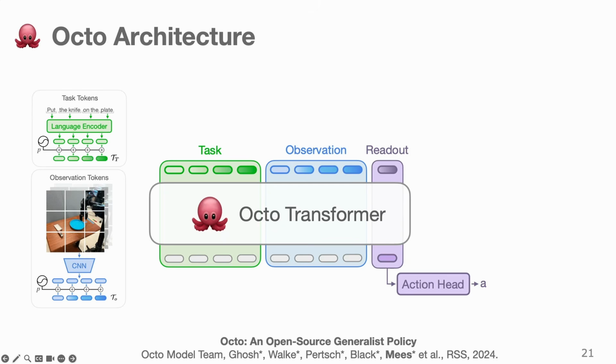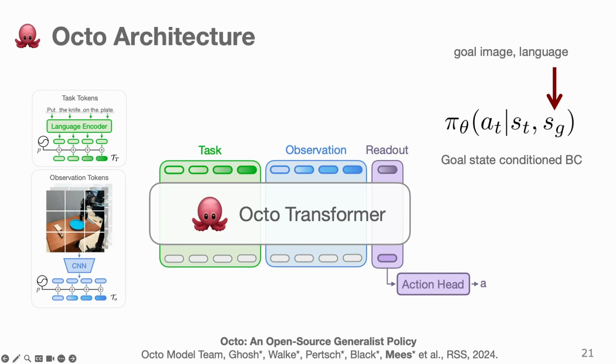One thing to note is that we train this model with goal-conditioned behavior cloning. This means that it predicts a sequence of actions to reach a goal state given the current state. And as we saw previously, this is a very flexible formulation because it allows you to specify your goal states in various ways, be it goal images or natural language instructions.